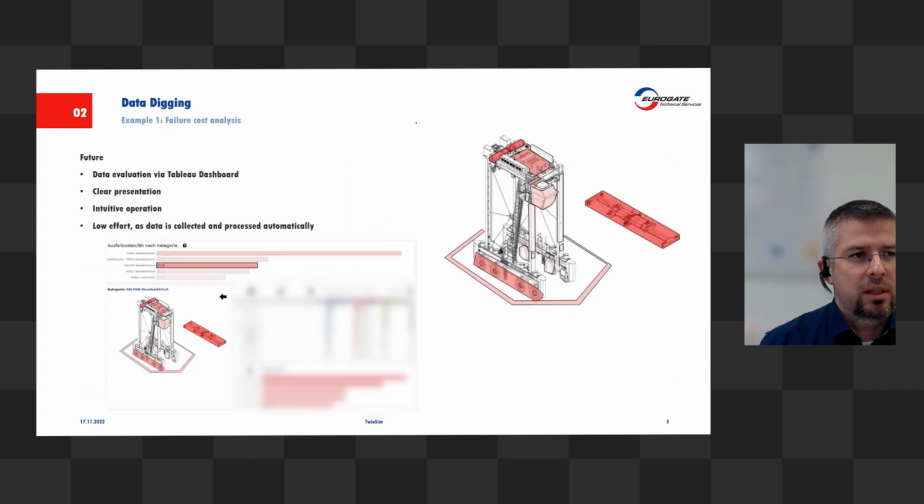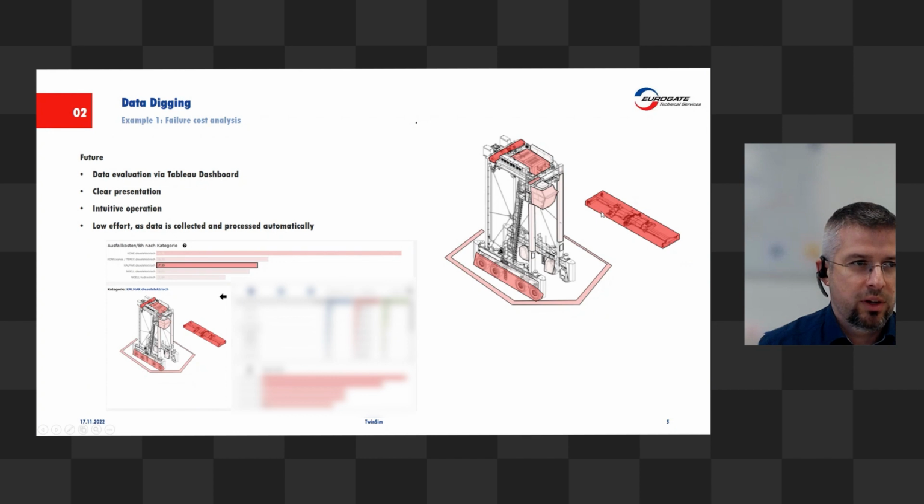The POC was that we set up a dashboard in Tableau to give the user a graphic UI to browse the data. So that was the first step. On the right side here, you see the straddle carrier, and you see that the spreader is marked deep red. What does it mean? It means that the cost for failures in this component is the highest.